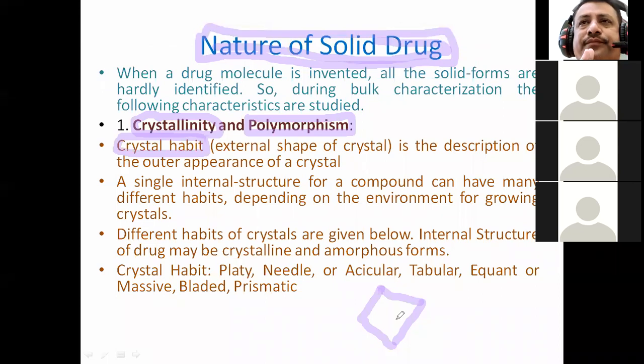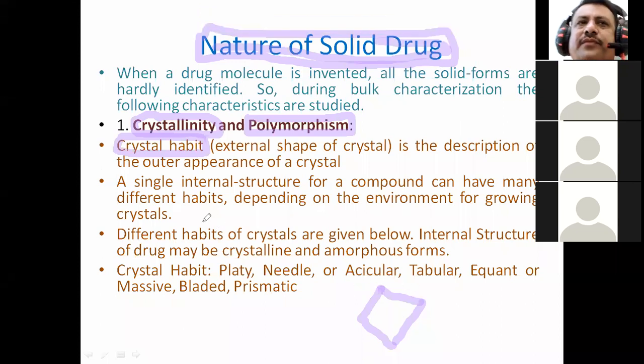See, whatever the form it is, for example, it is needle-like, or we have other forms, that is tabular form or prism type. So what decides the crystal habit of a drug is the internal structure of the compound. Everyone agrees with this? Yes, sir.